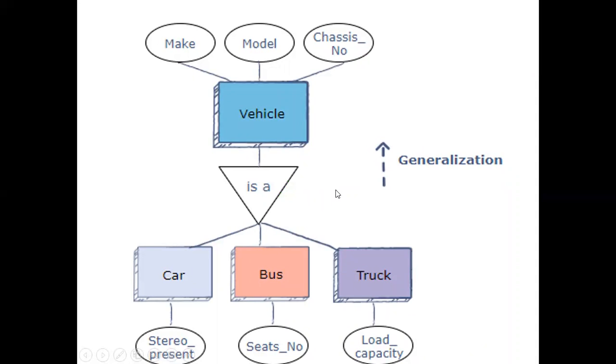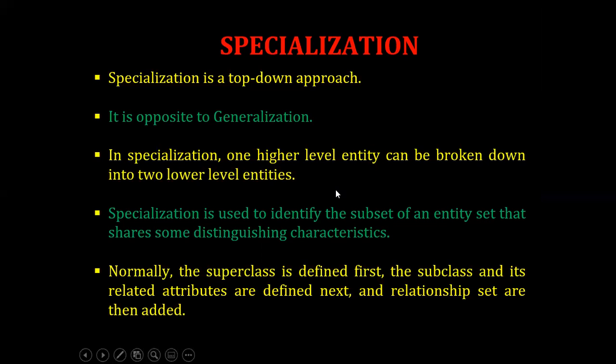Now if you go for specialization, this is just the opposite of generalization. Specialization is a top-down approach. Here one higher level entity can be broken down into two or more lower level entities, that is, a superclass can be subdivided into subclasses.